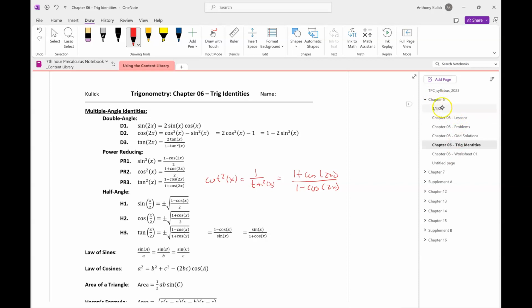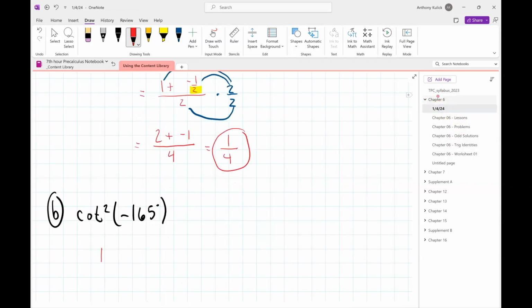So that's going to be 1 plus cosine 2x over 1 minus cosine 2x.